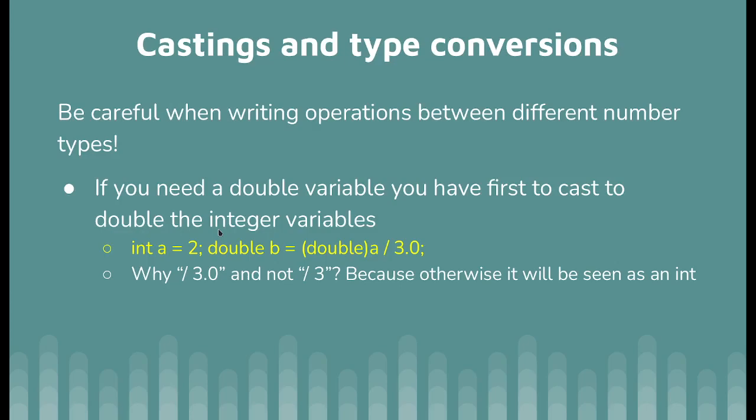In this case, we cast the value of a to double, so it will be like 2.0 divided by 3.0. This .0 is important because otherwise the compiler will see an integer value, so it's the same case as before, 2 divided by 3, and it will also be an integer.